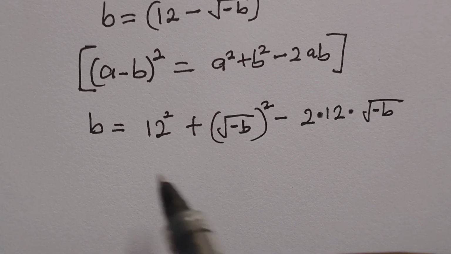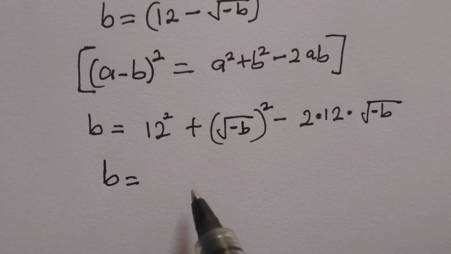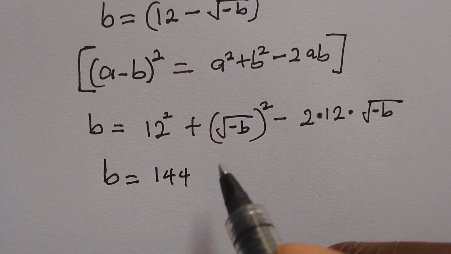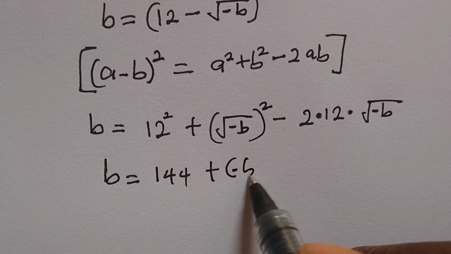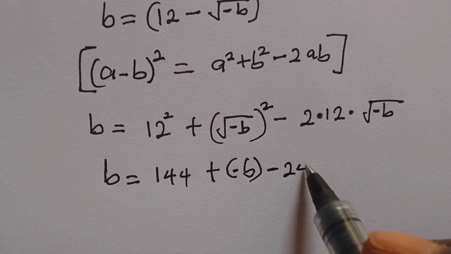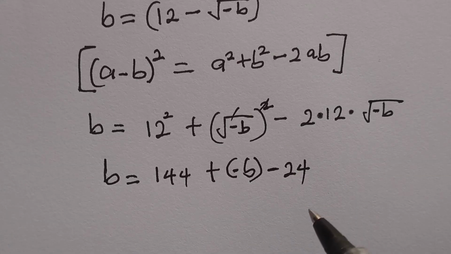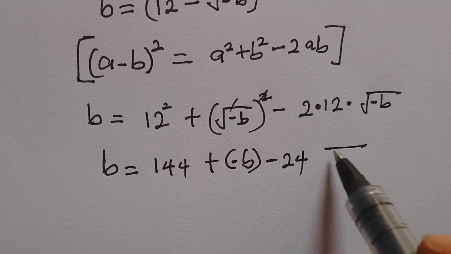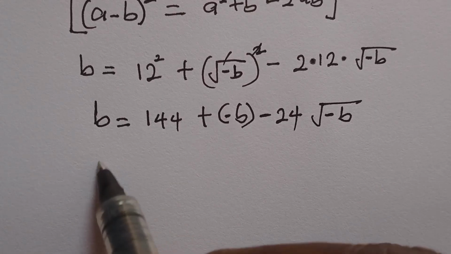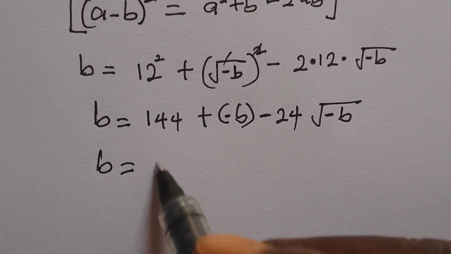Now, let's simplify this and move on. b will now be equal to 12 times 12, that will give us 144, plus minus b, because the square has cancelled out the square root. Then minus 24, that is 2 times 12, times the square root of minus b.